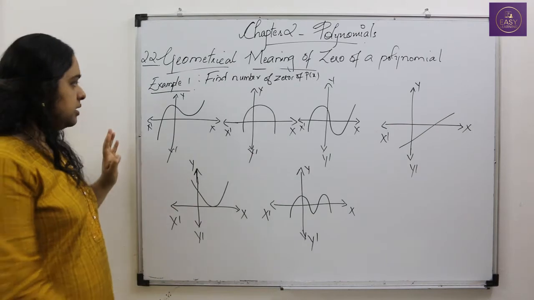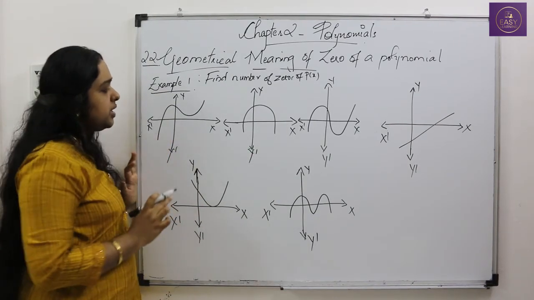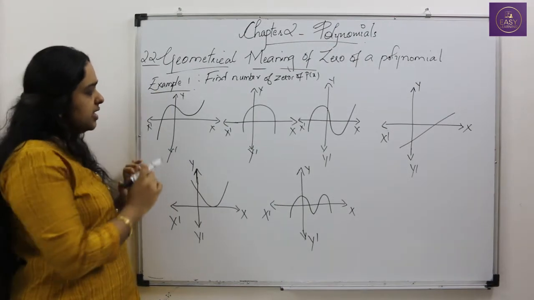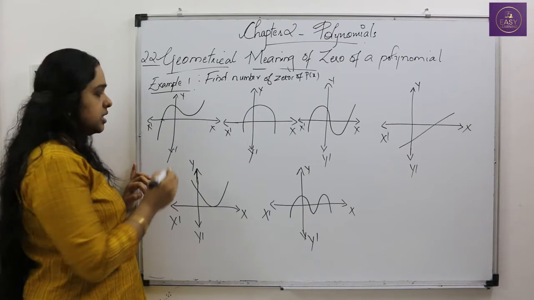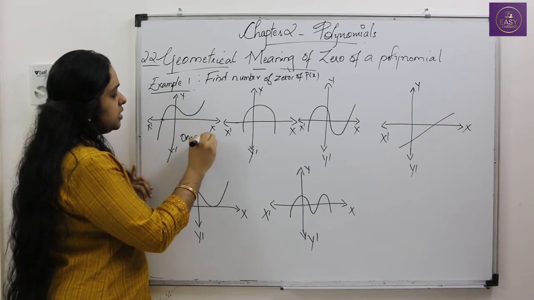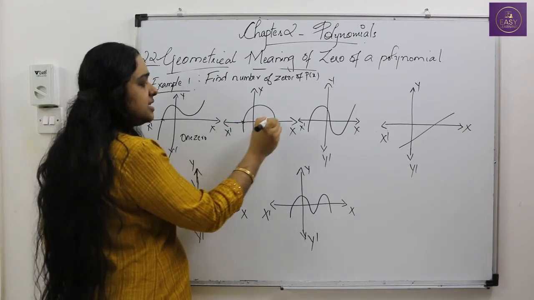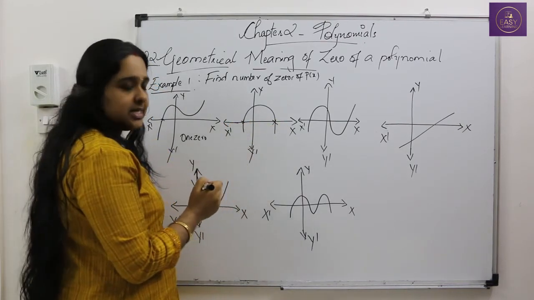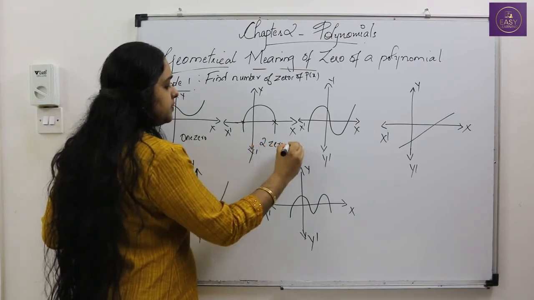In this graph, how many points are there in which the graph intersects the x-axis? There is only 1 point, isn't it? So how many zeros will be there? Only 1 zero. Here there are 2 points where it intersects the x-axis, so there are 2 zeros.